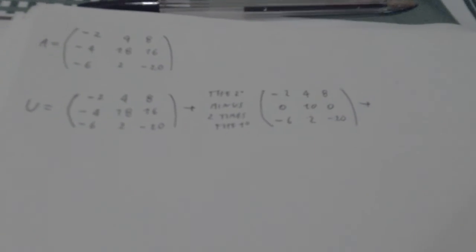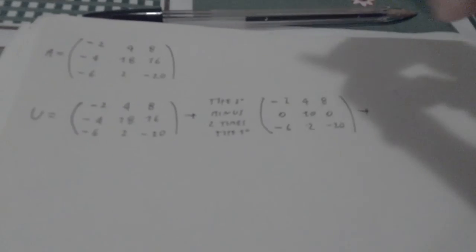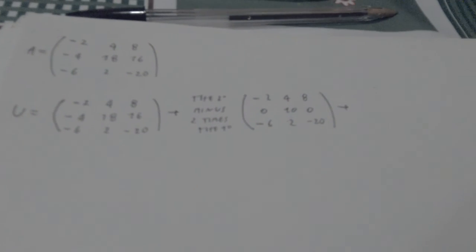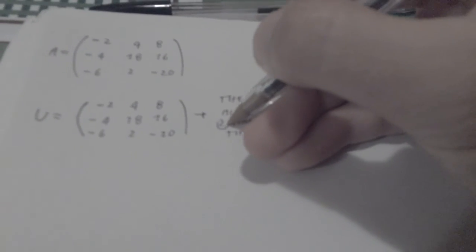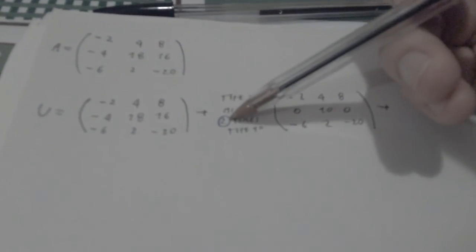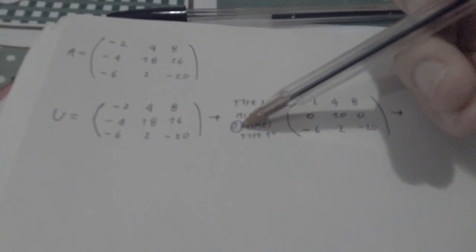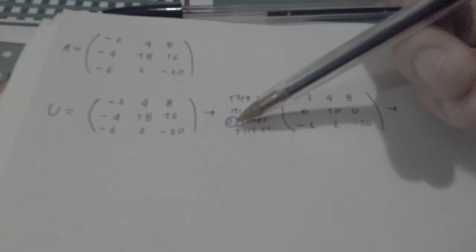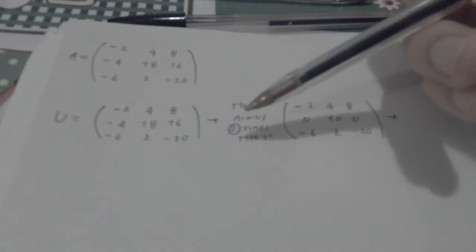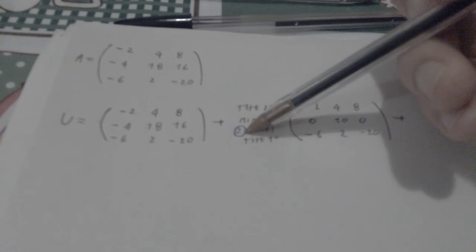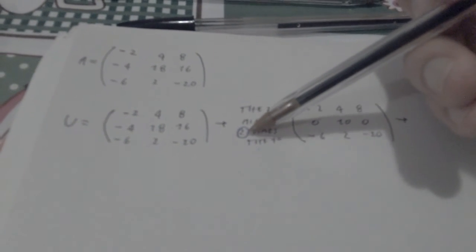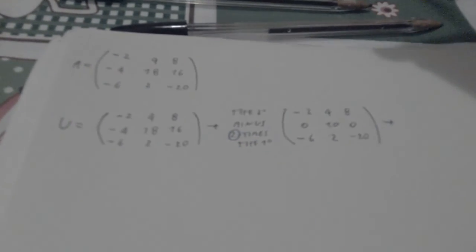Okay, and I'm going to highlight this one here with blue. I like blue. There we go. Because this is going to be our multiplicator. This is important. We generally don't keep track of this in linear algebra, but this time, since we've got to find the lower triangular matrix, we're going to keep track of this, which is our multiplicator.